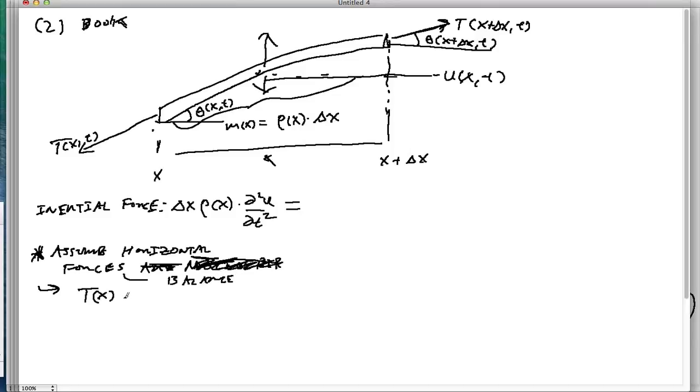That is, the horizontal component of this vector, T at x comma t times the cosine of theta at x comma t, is going to be equal to T at x plus delta x comma t times the cosine of theta at x plus delta x comma t.